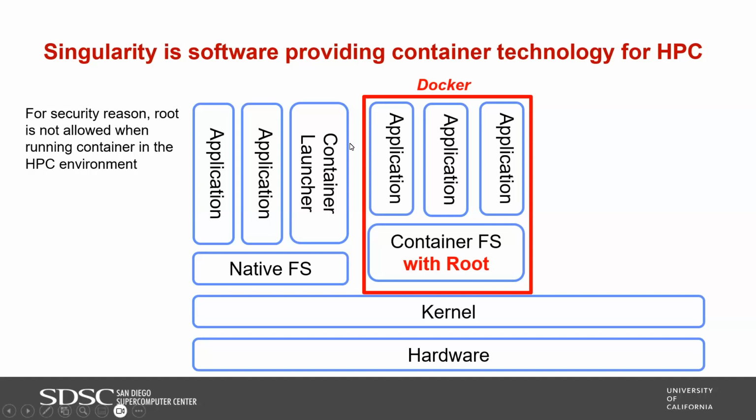Docker can also provide containers, but inside the Docker container, it requires root to build those applications, which is not a good idea in the HPC environment, because for security reasons, root is not allowed when running containers in the HPC environment.